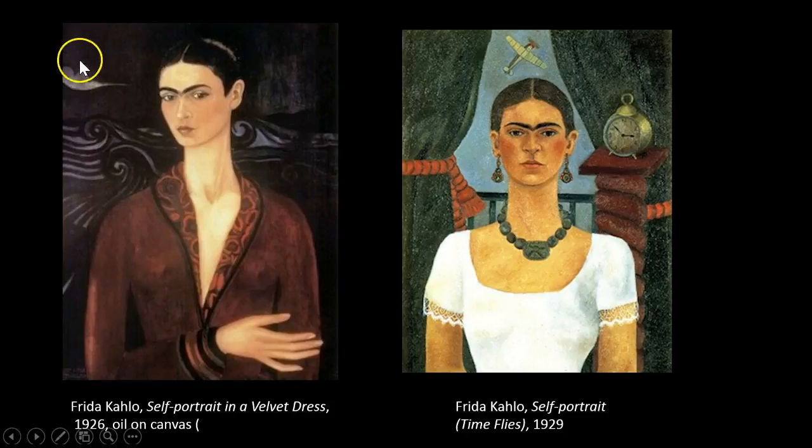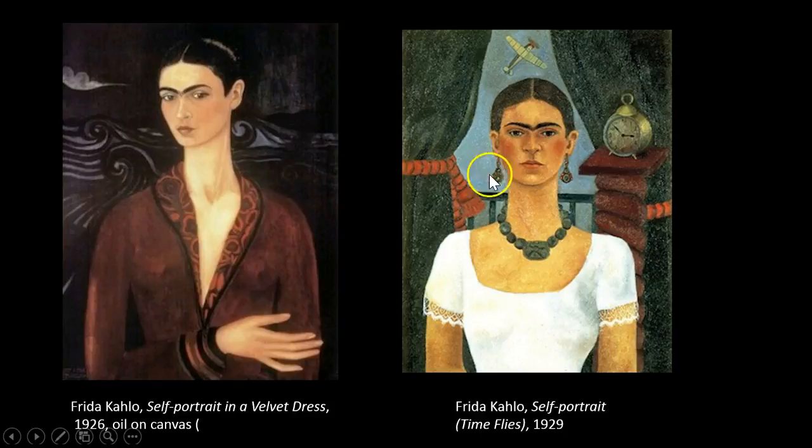So this is one of our first self-portraits, over here to my left, and again, she's depicted in more modern European clothing. Here we start to see where she is becoming more influenced by her Mexican heritage. She wears a necklace referencing her pre-Columbian roots, which also relates to the Aztec culture that we looked at when we were studying the indigenous Americas.